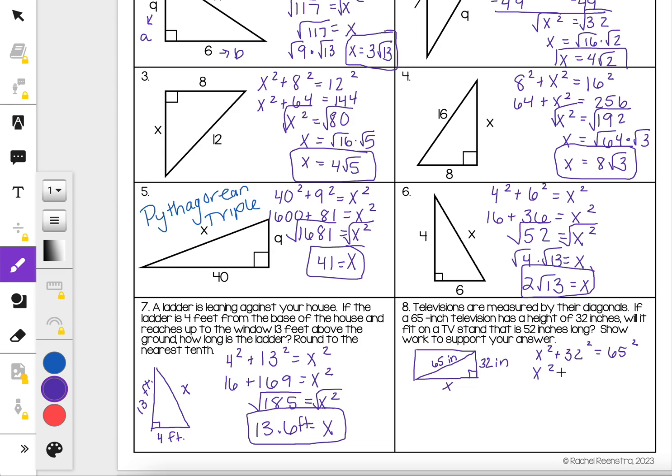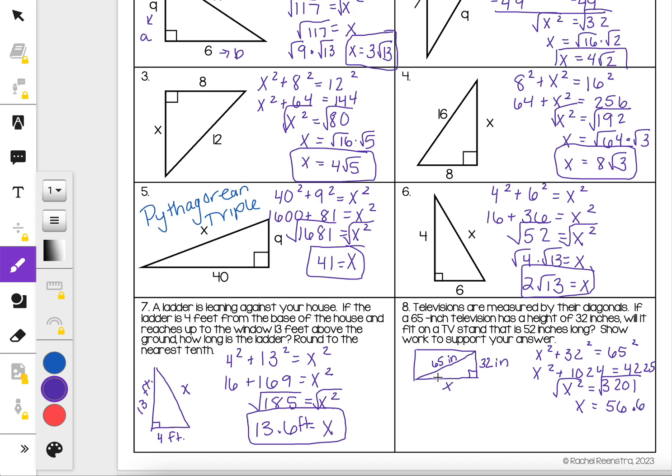So 32 squared is 1024. 65 squared is 4,225. So I'm going to subtract both sides by that 1024. So x squared equals 3,201. If I take the square root of both sides, x is equal to 56.6.